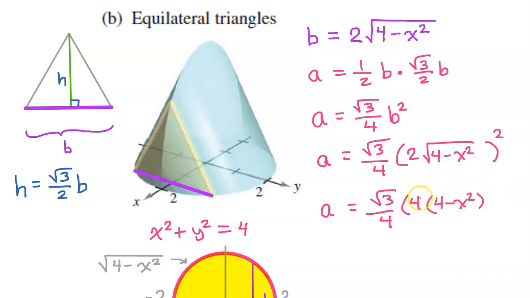I don't feel like putting 2 sets of parentheses, so I'll just do it like this. Notice that these 4's cancel each other out. So an expression for the area of each slice will be the square root of 3 times 4 minus x squared. And that's the end of step 2.